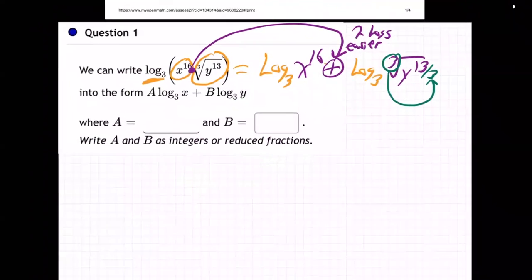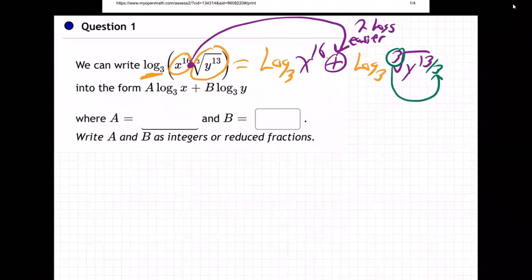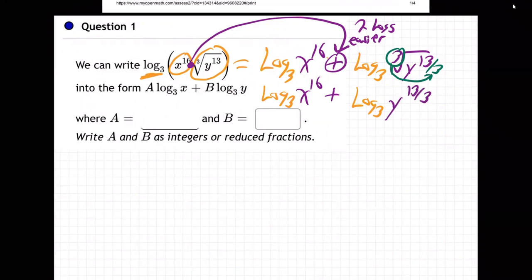So this becomes log base 3 of x to the 16 plus log base 3 of y to the 13 thirds. No more root. We changed it to a fractional power. So you can be in the hook or be in the denominator as a fractional power. It's the same thing.